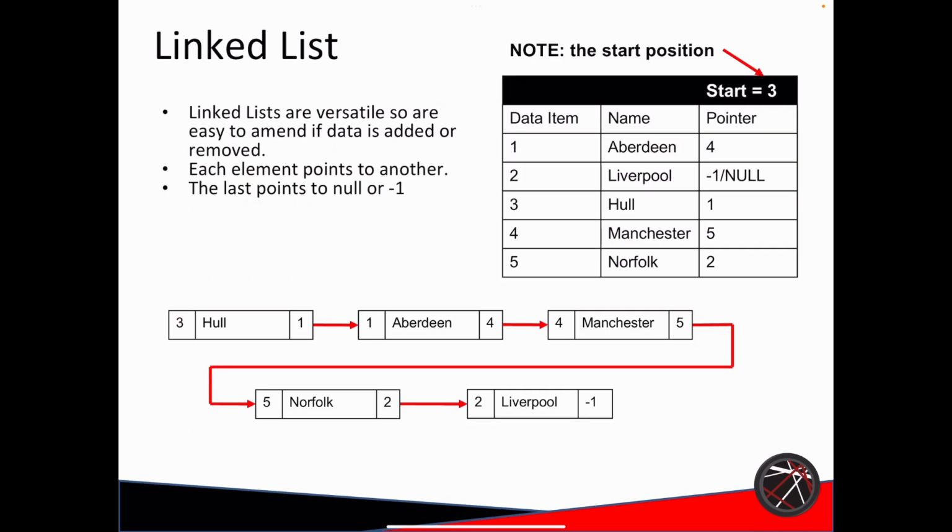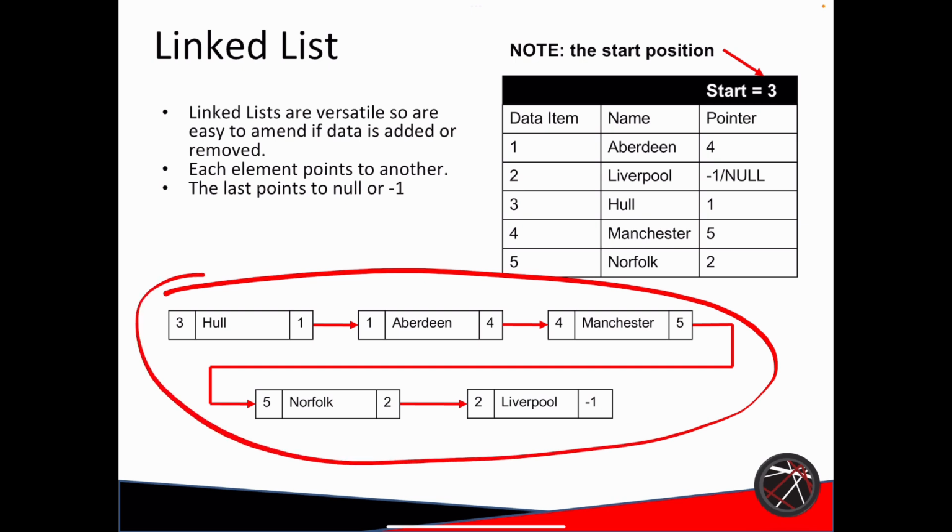data structure. So here you can see at the bottom, this is just a graph that's been represented. What we have within this is that we are starting from 3. And that means that in the table here, we start at line 3.